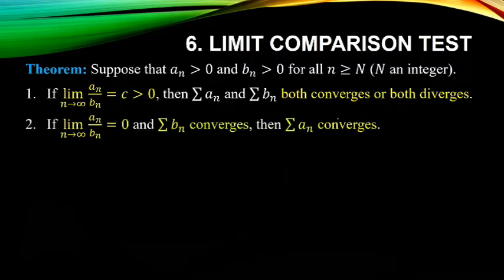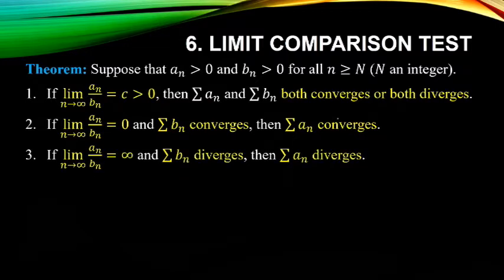Number 2, if the limit of the ratio of a sub n over b sub n as n approaches infinity is equal to 0, and the summation of b sub n converges, then the summation of a sub n converges also.